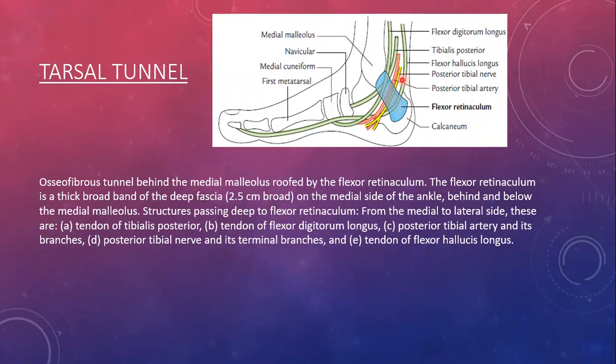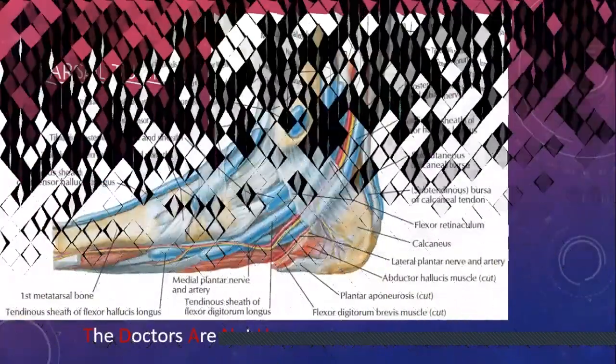So the most medial is the tendon of tibialis posterior. This is the tendon of tibialis posterior here. Then followed by the tendon of flexor digitorum longus, then the posterior tibial artery, then the nerve. We start with the artery, then the nerve, then the last one is the tendon of flexor hallucis longus. So you should know that arrangement. And here we are.